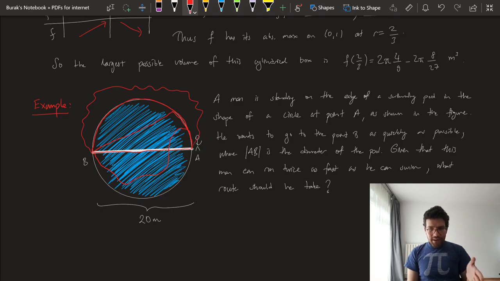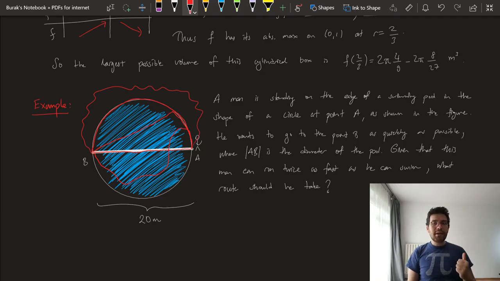He can run twice as fast as he can swim. So you may think at first sight that, okay, if he's running faster, he should just run. But the problem is he's going to be running in a circular path, which is longer than a direct path where he can swim.